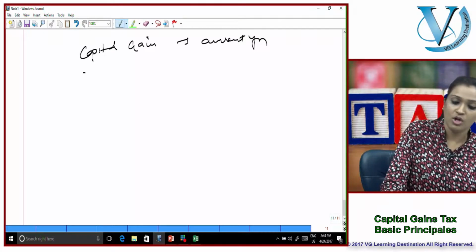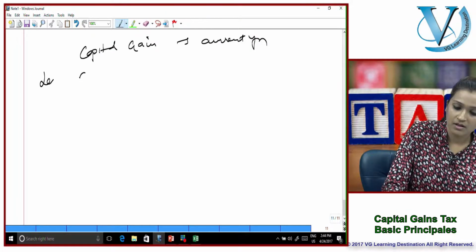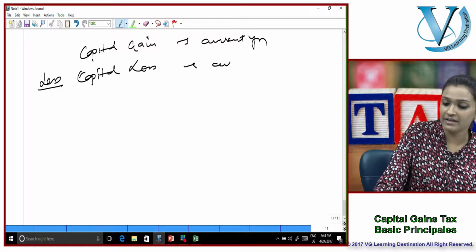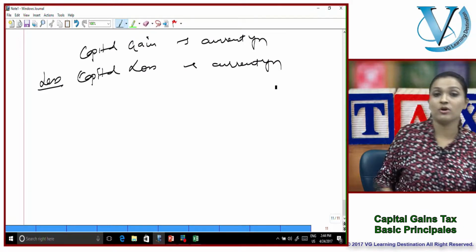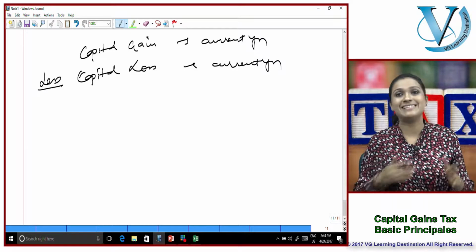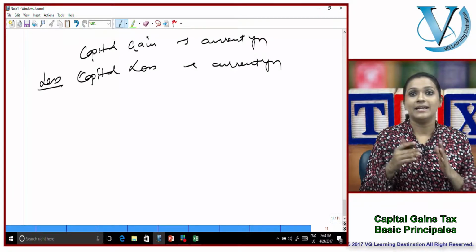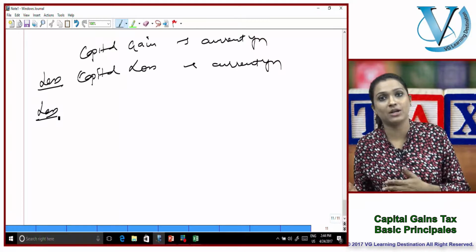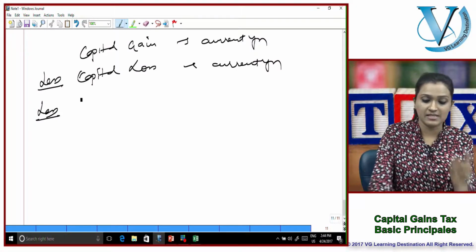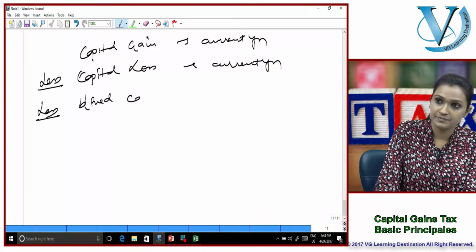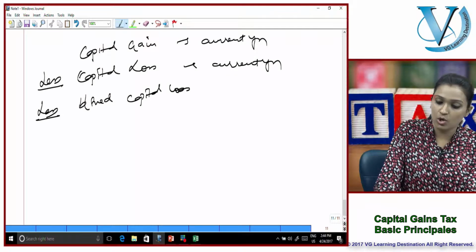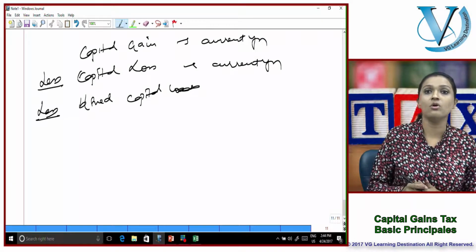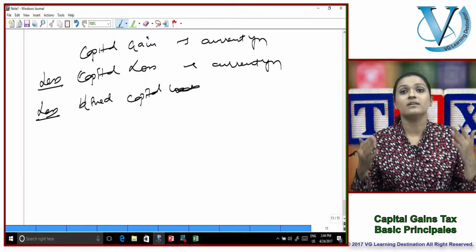So you reduce the amount of capital loss of the current year from your current year gains. Now, having settled off your current year first, you can reduce any brought forward capital losses from the previous year, and thus knock them off in order to arrive at your net capital gain.